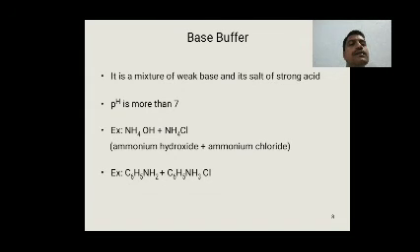C6H5NH2 and C6H5NH3Cl is another example of a base buffer solution.